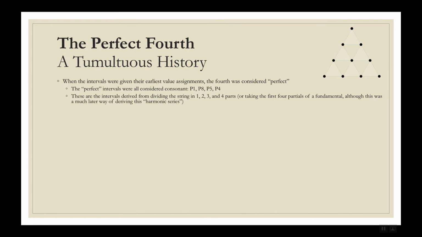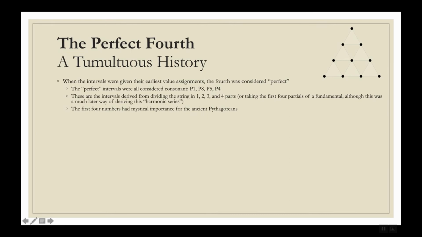Or you could take the first 4 partials of the fundamental, but I just want to point out that they figured that out later. The first 4 numbers for the Pythagoreans had mystical importance, and I remind you of that with this little figure here, which is called the tetractys. This is the numbers 1, 2, 3, and 4, and you add them together, they become 10. And 10 was also a special number for them.